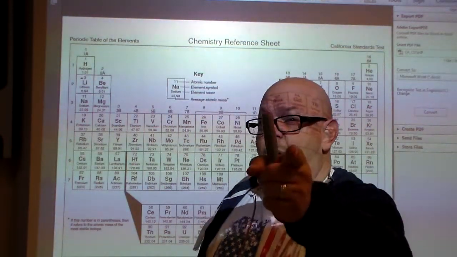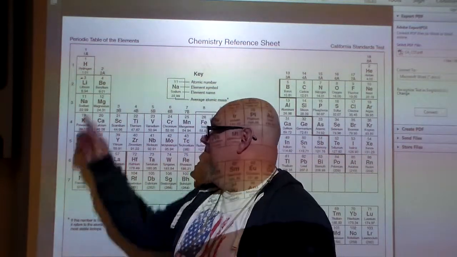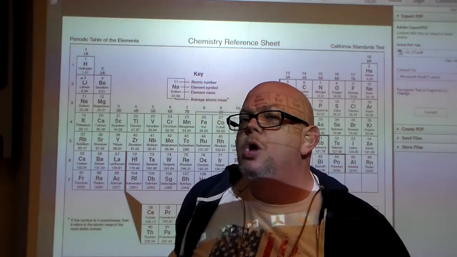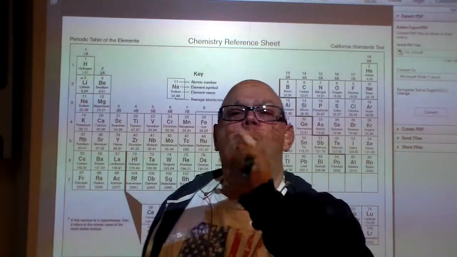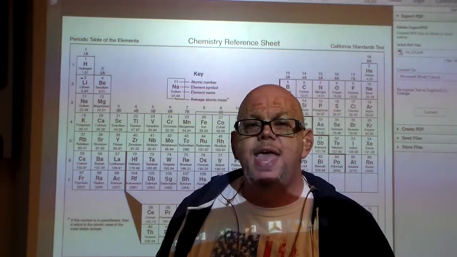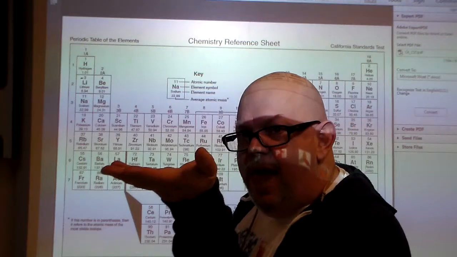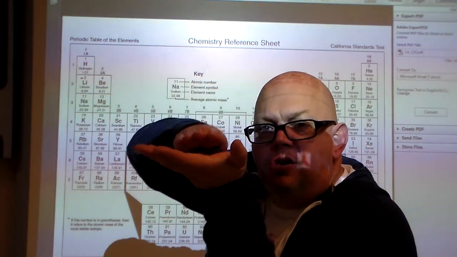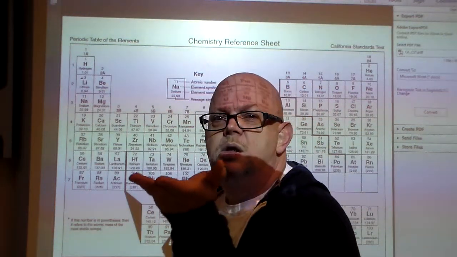However, fine, discriminating chemistry students like yourselves get to use this for another purpose, because 1.01 also tells us how many grams 1 mole of hydrogen atoms weighs. So it's 1.01, which means in the palm of my hand, if I have this mole, this giant number of hydrogen atoms, it's going to weigh 1 gram.